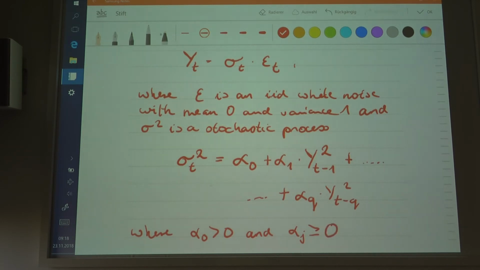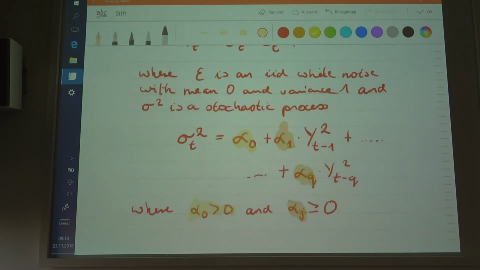I'm talking about alpha 1, alpha 2, up to alpha q. But the first one cannot; alpha 0 has to be greater than 0. Let me complete this definition: for j from 1 to q, so for all time lags.